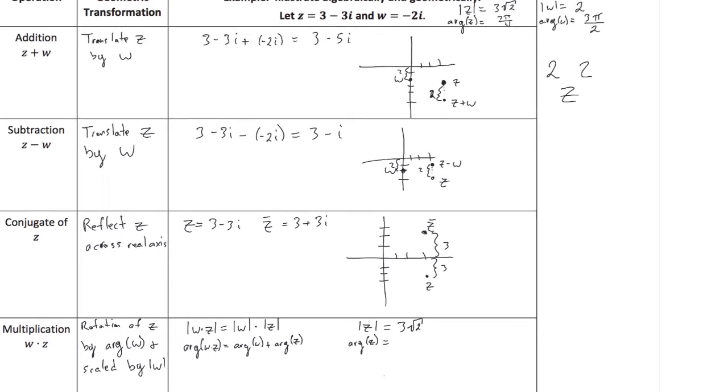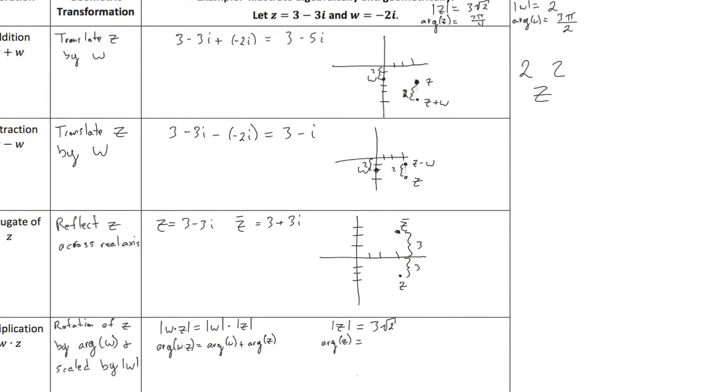So again, I know that modulus Z equals, I believe it was 4. What was it? No, 3 root 2. There we go. 3 root 2 and arg Z equals 7 pi over 4.